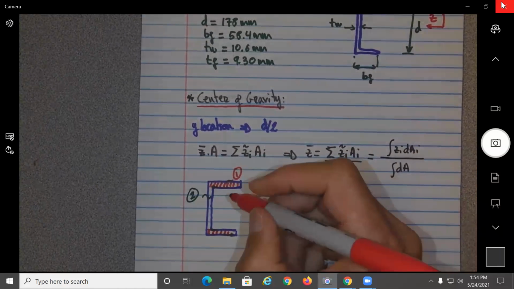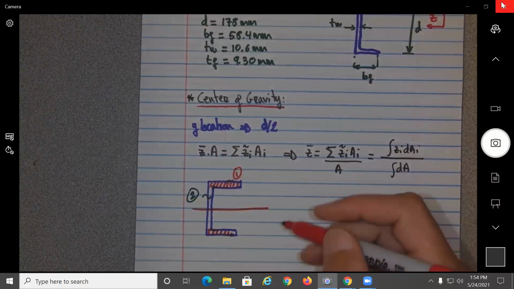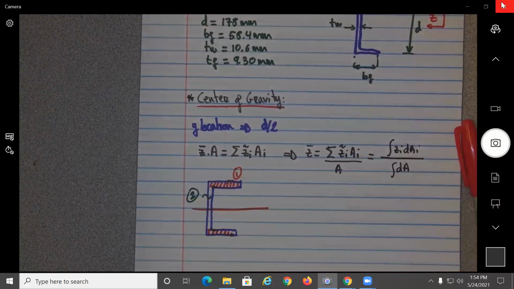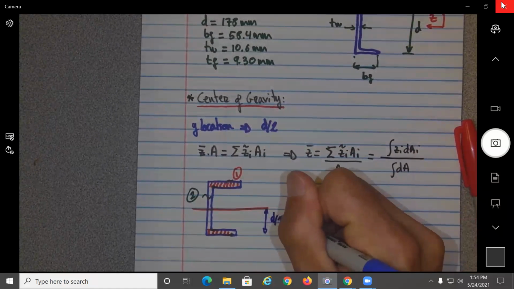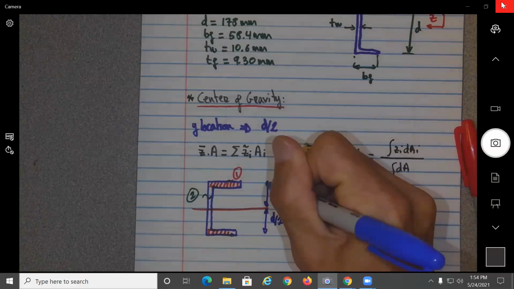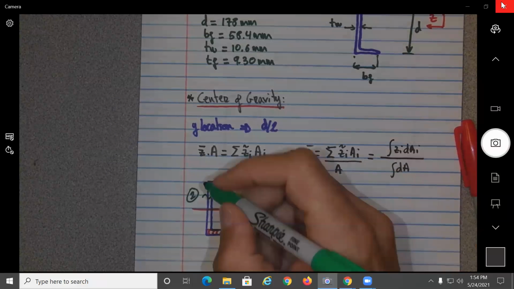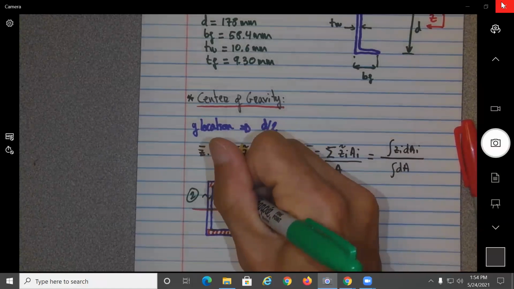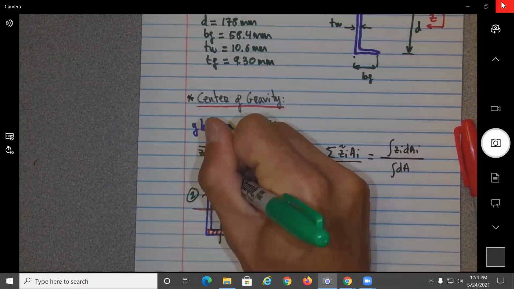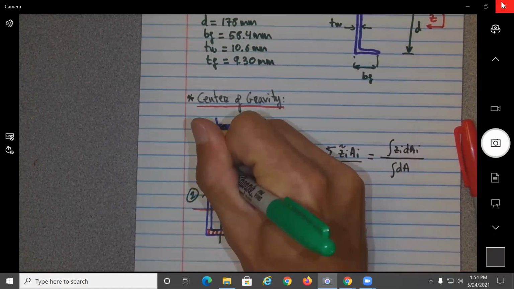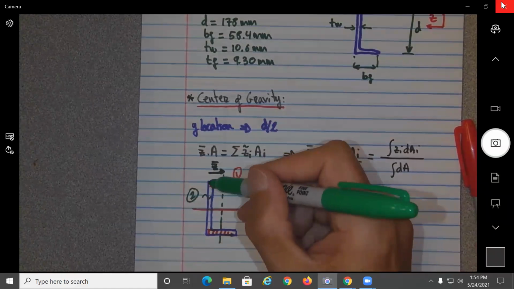And we already know that the Y location will be at D over 2. So we know this is D over 2 and D over 2. And what are we trying to find? We're trying to find at what location Z from here will be the neutral axis. Okay, if I take as origin this edge over here.